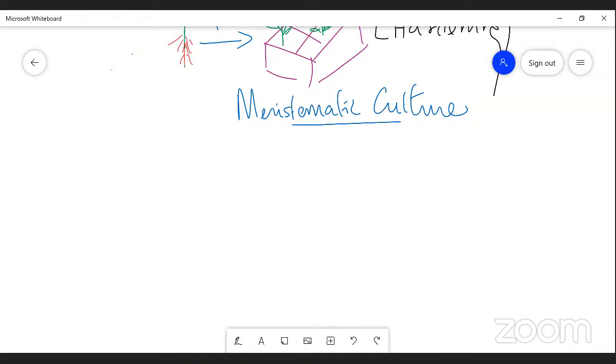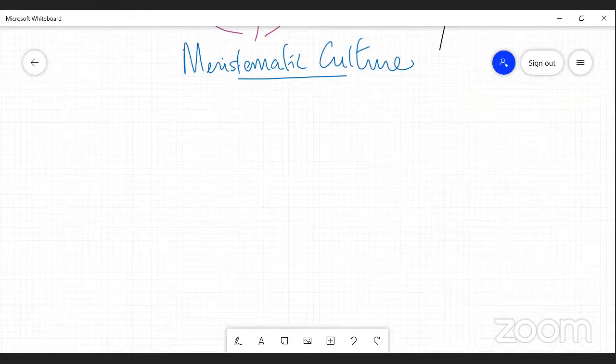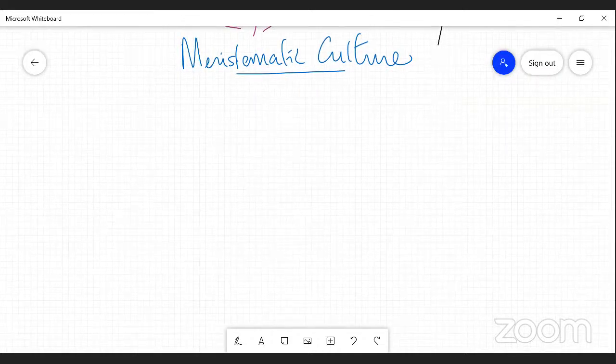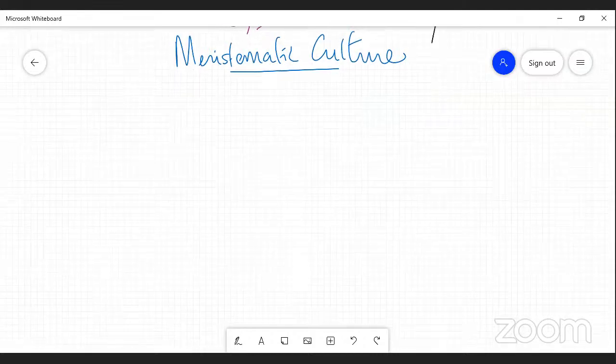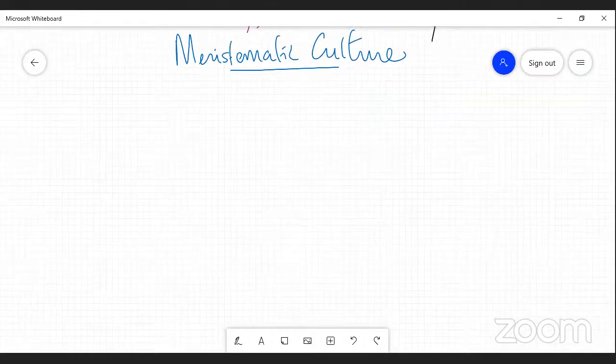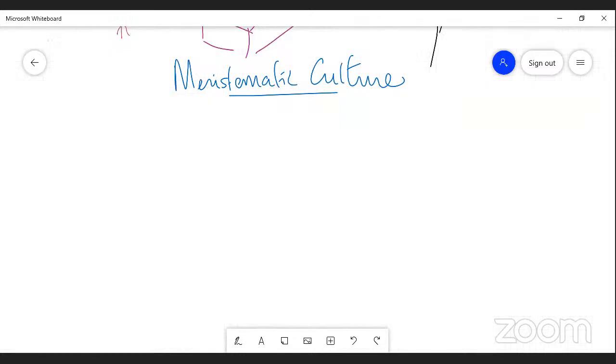Simply, meristematic culture is a culture of a meristematic tissue or a meristematic region without fusion of male and female gamete. Actually, it is an artificial method by which we can develop virus-free plants. Virus-free plants are produced or cultured by a technique that is called the meristematic culture.